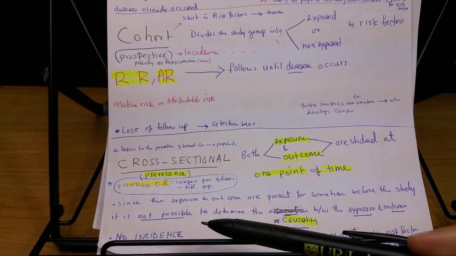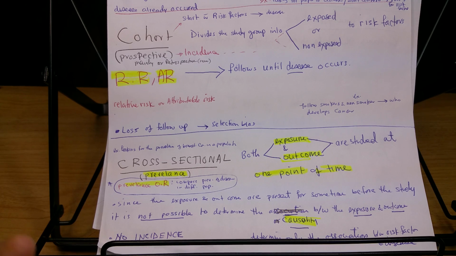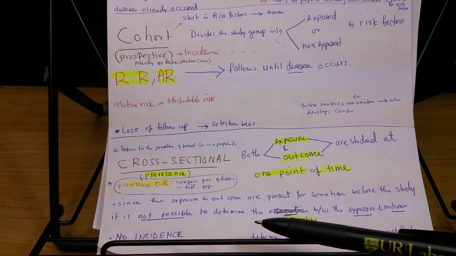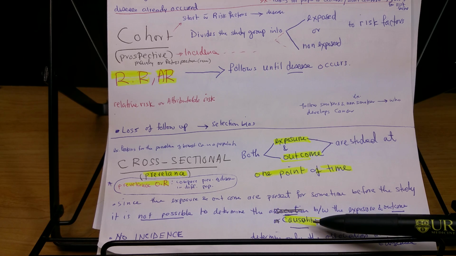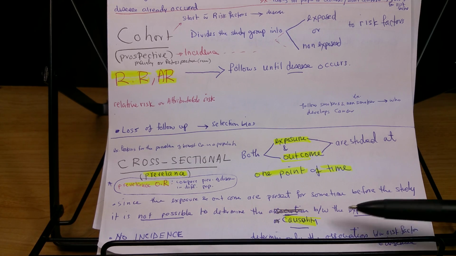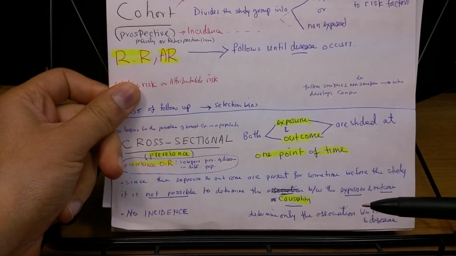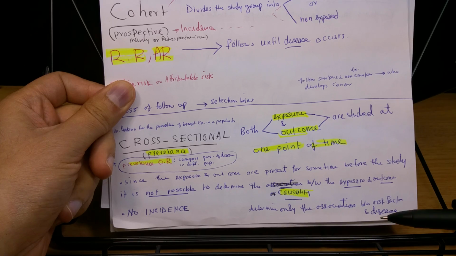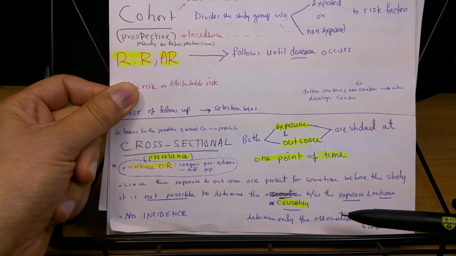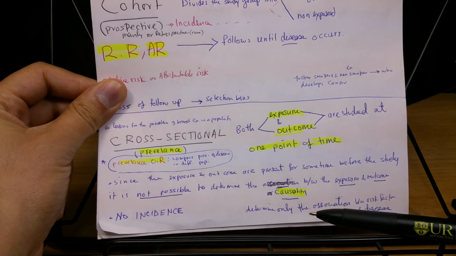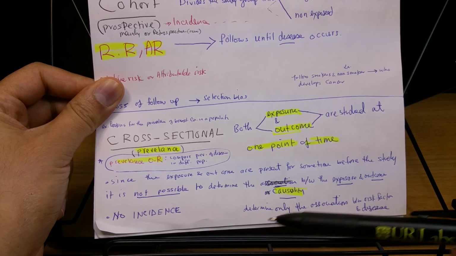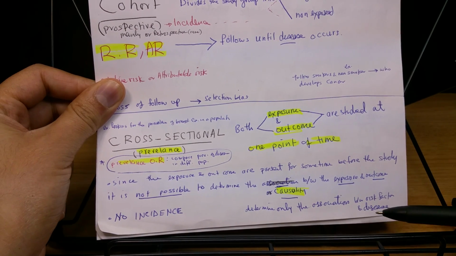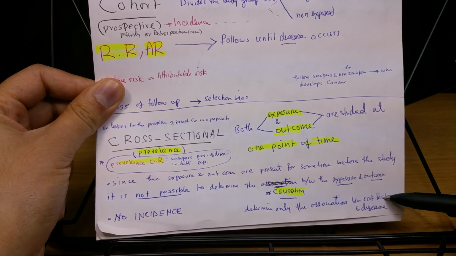Since the exposure and the outcome are present for some time before the study, we cannot determine the cause between the exposure and the outcome, only the association. We know that there is an association, but not the cause. It's a very cheap study, it's fast to do, but there's no incidence and we cannot determine the cause between the risk factor and disease.